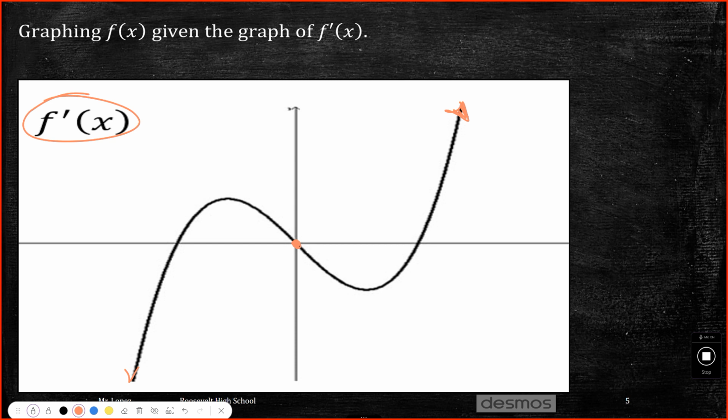What does it tell you about the graph of f? Oh, a horizontal tangent. That f has a slope of 0 here, and f has a slope of 0 here, and f has a slope of 0 here. But then how can we start putting it somewhere as a reference? Where do I put it?